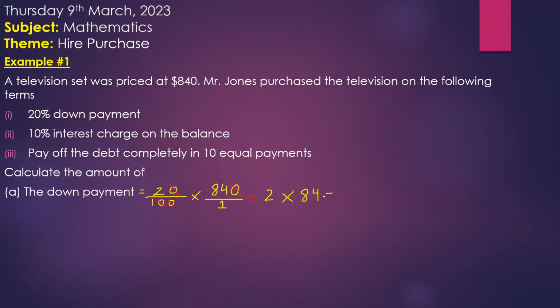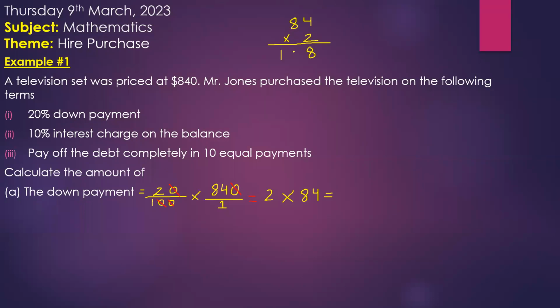Good. And what is 2 times 84? 168. Okay. So we have 2 multiplied by 84. 2 times 4 is 8. 2 times 8 is 16.